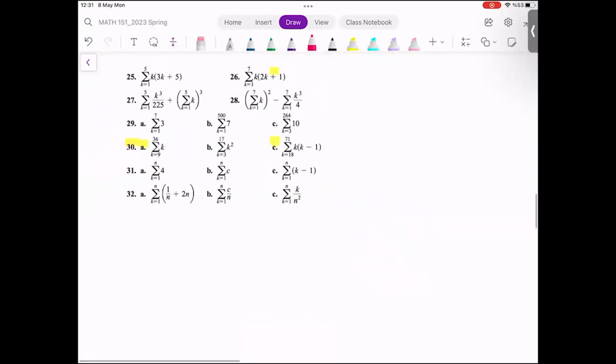Let me put here a very quick recall about sigma notation. This is the sigma notation, and here a_k means something that depends on k. For example, 1 over k, or any expression depending on k. What does this notation mean?